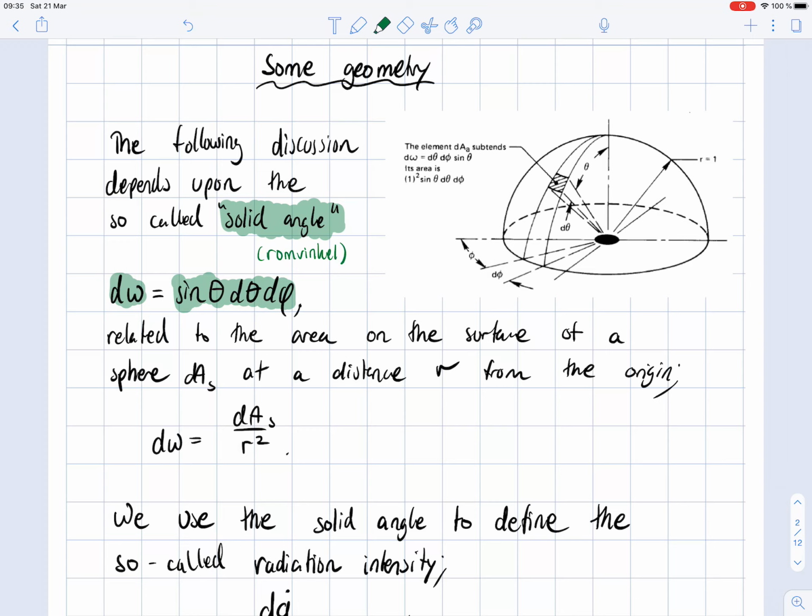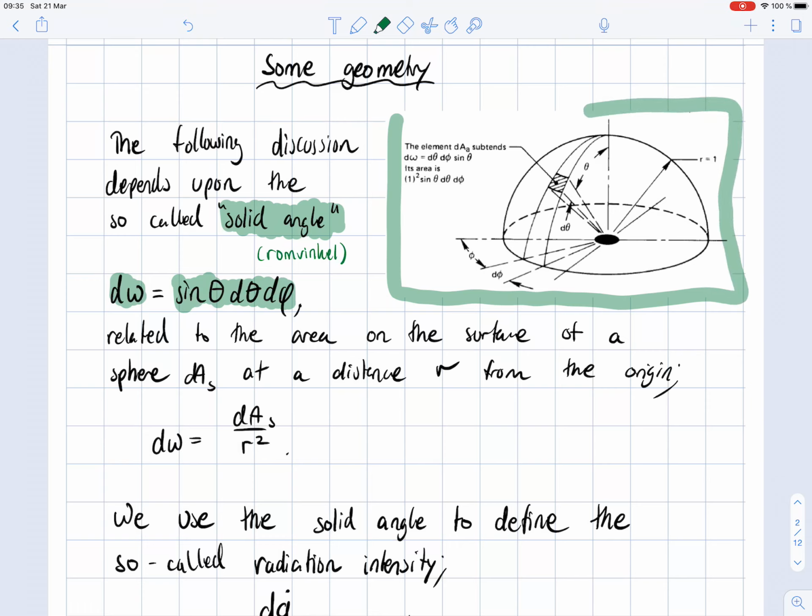And you can visualize it by looking at spherical coordinates. You are looking at a specific area on the surface of the unit sphere, which has a radius 1.